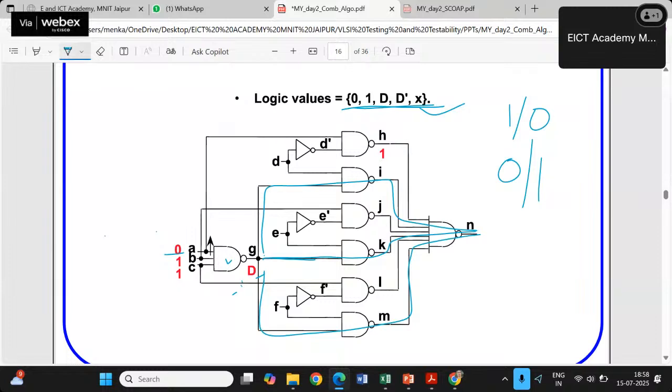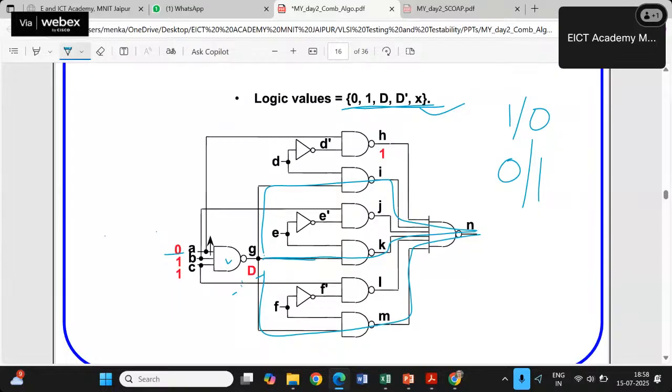Now, let's choose one by one. Let's say I want to take the I path. So all others other than I should be 1. Why should those be 1? Because those are the non-controlling values for the last gate, the NAND gate.